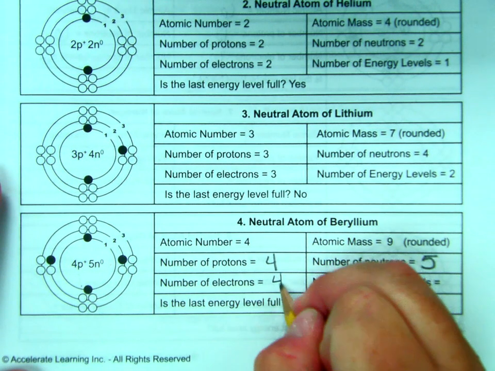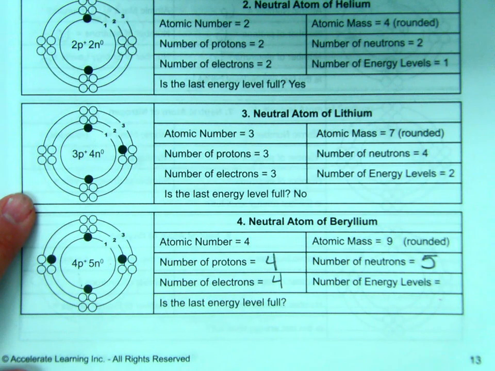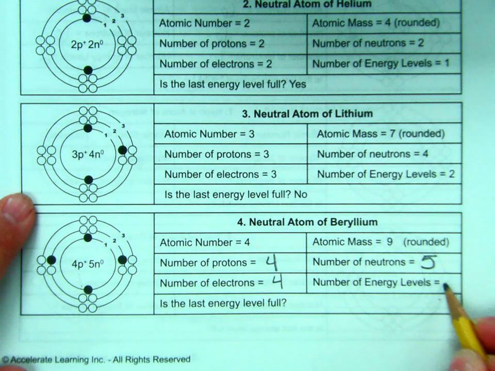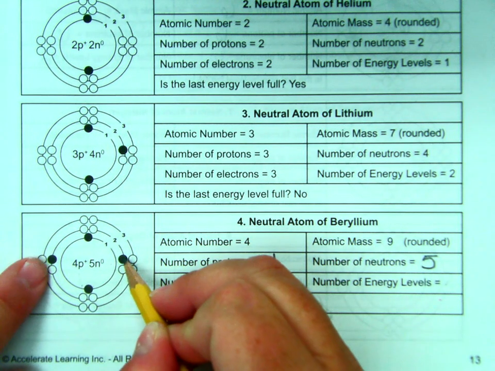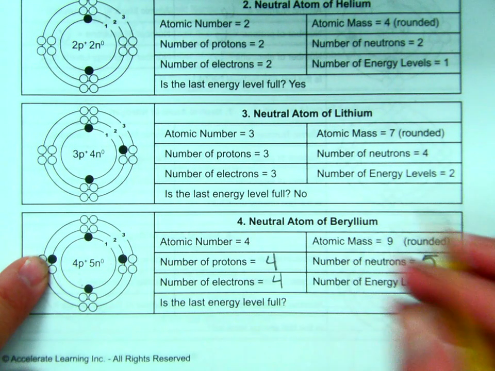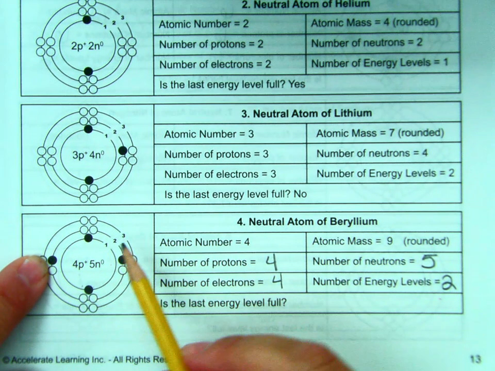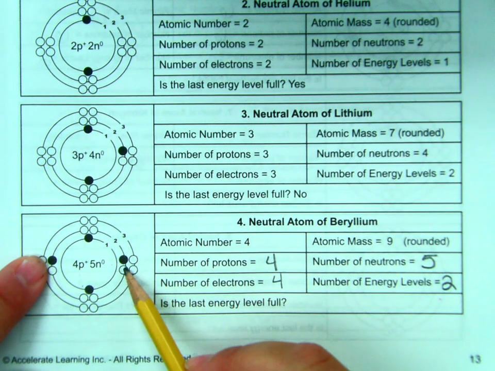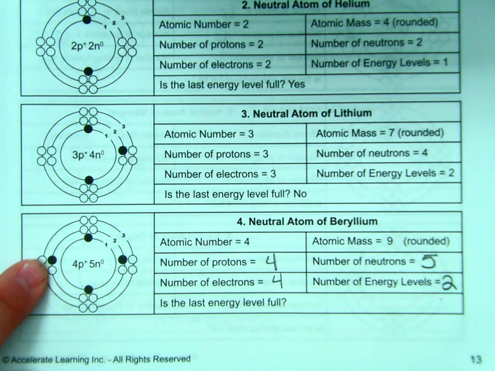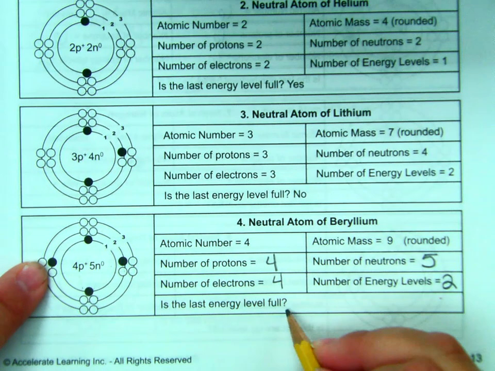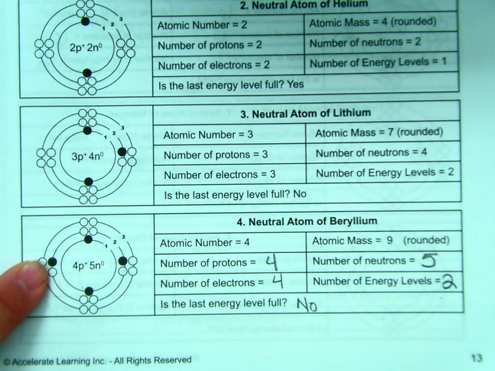We have 4 electrons. Now, once we have that done, we have to look at our energy levels. So we colored on energy level 1, and we colored on energy level 2. So we've used 2. Now look at energy level 2. We have a blank dot, a blank dot, a blank dot. So we did not fill them all in. So is the last energy level full? No, because we did not fill it in.